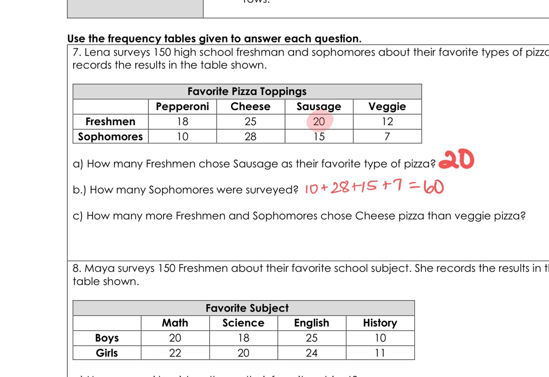And then the last question here, letter C, how many more freshmen and sophomores chose cheese pizza than veggie pizza? So again, this one requires a little bit of calculation because we want to know out of all the students, freshmen and sophomores, how many more chose cheese than veggie? How'd you get 34?